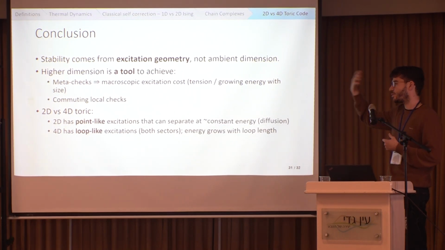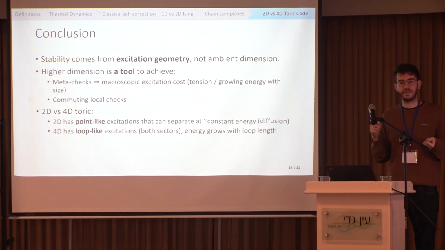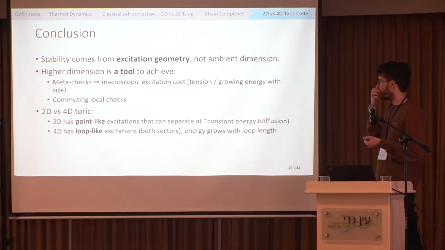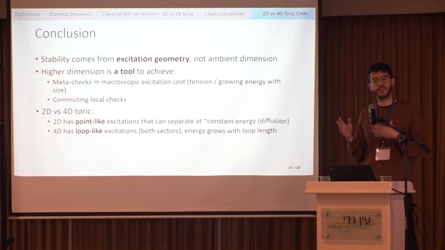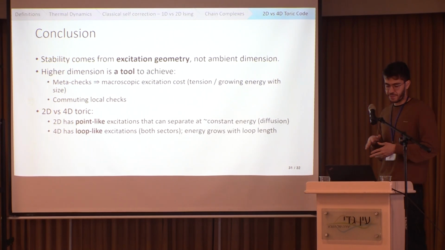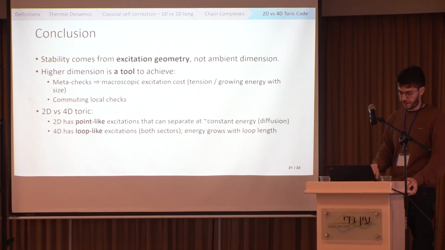We saw that the 2D toric code has point-like excitations, and because of that, by the same argument as in the 1D Ising model, we don't have self-correction. And in the 4D case, we do have loop excitations thanks to the meta checks in both sectors, and energy grows with loop length.